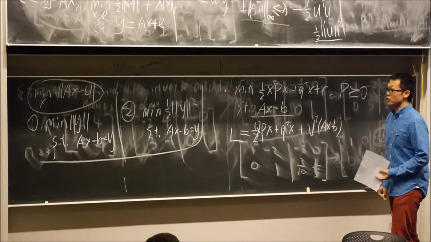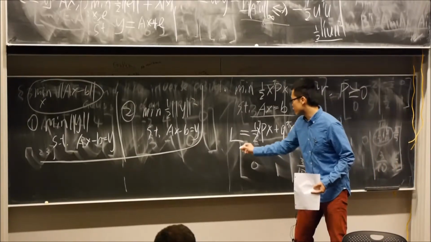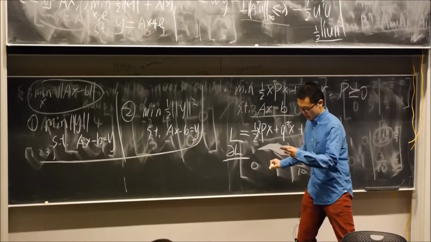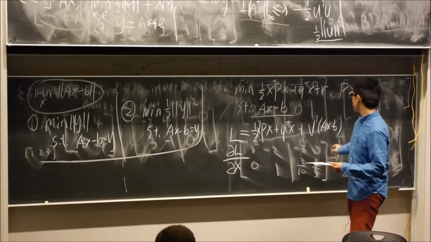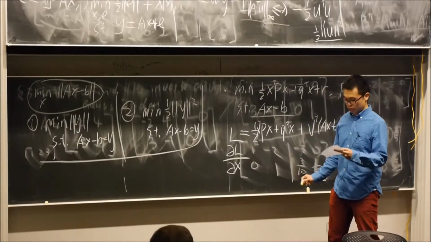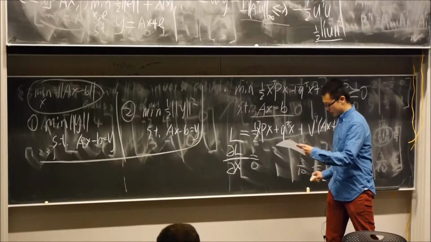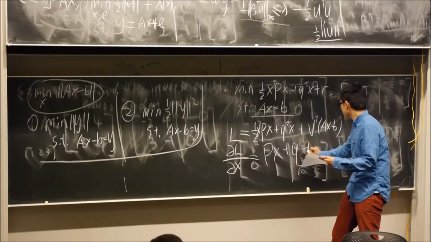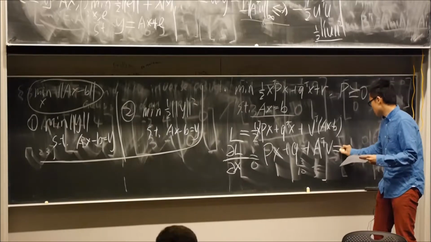So the first condition, stationarity of the KKT conditions, requires that if we take the derivative of this Lagrangian L with respect to x, and also with respect to v, we need to assign the gradient to be 0. Taking the derivative with respect to x gives us a simple equation, that is Px plus q plus A transpose v, and this thing needs to be 0.